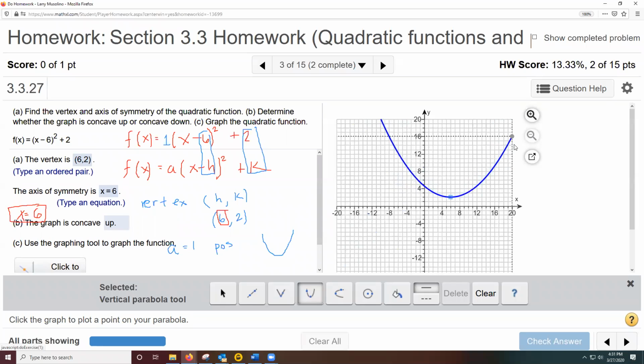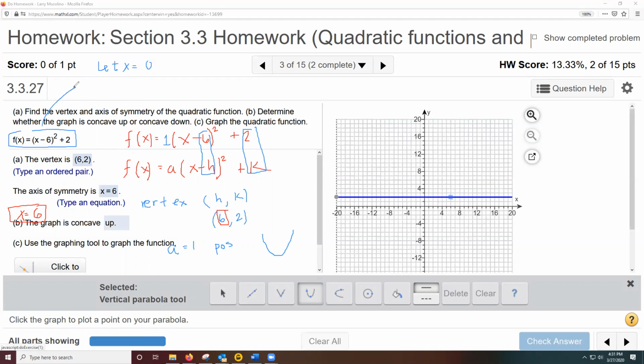Okay. If I try to figure out the y-intercept, let me see if that's going to help me. Well, for the y-intercept, I'm going to let x equal 0. I'm going to take this equation and replace x with 0. And also, instead of f of x, I'm going to use y just to make it a little easier to see that there's going to be a y value. So I'm going to end up with 0 minus 6 squared plus 2.